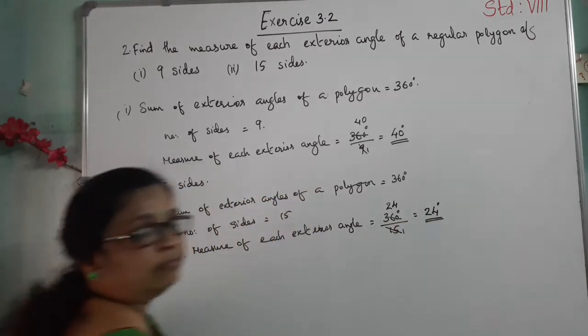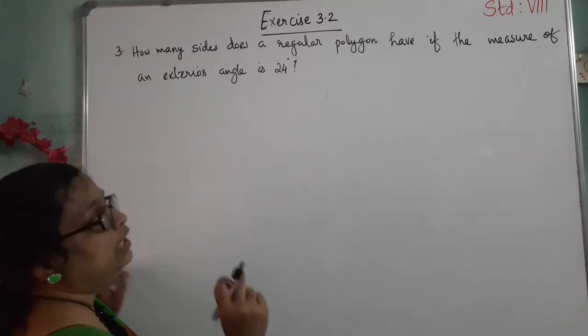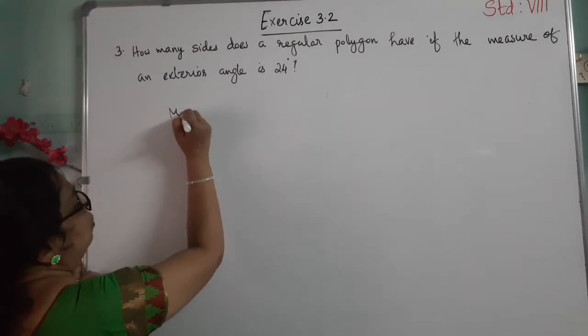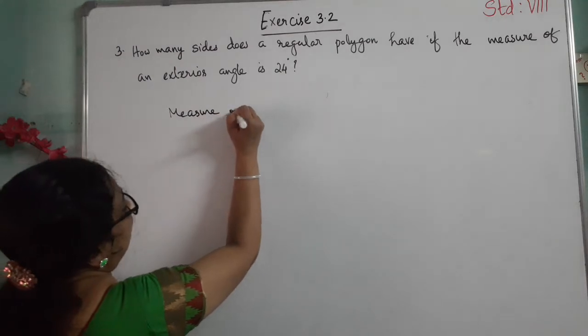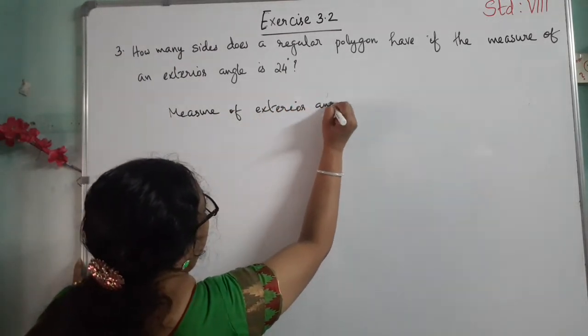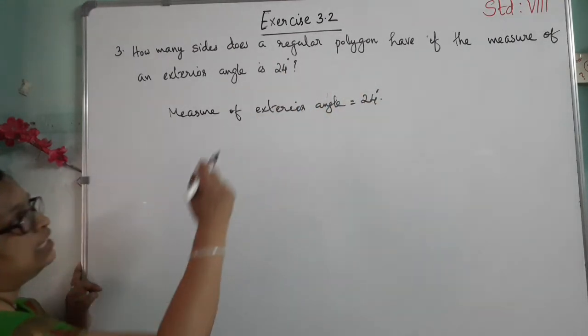Next question, how many sides does a regular polygon have if the measure of an exterior angle is 24 degrees? So given the measure of an exterior angle equals 24 degrees, it is given that it is a regular polygon.